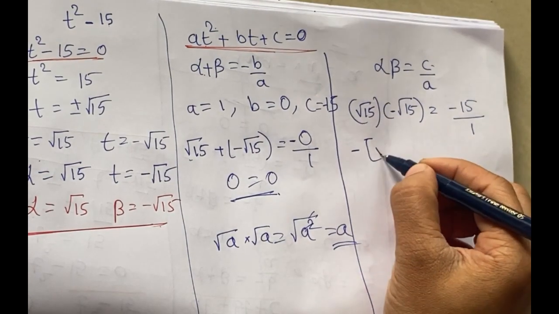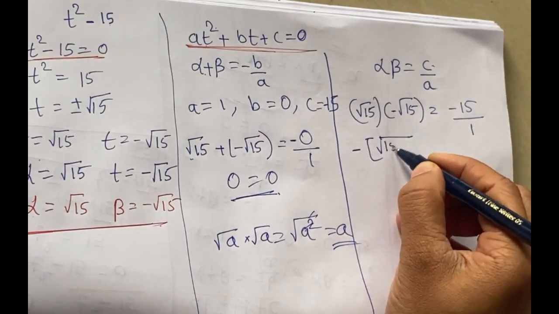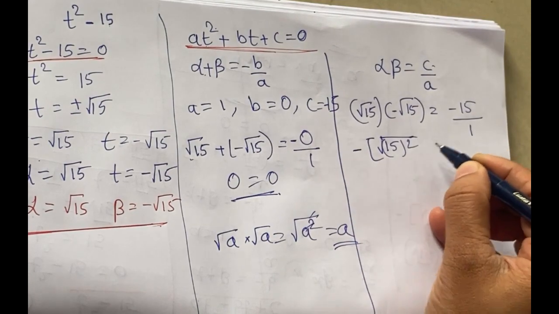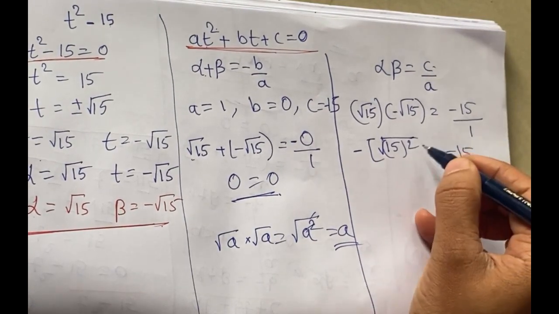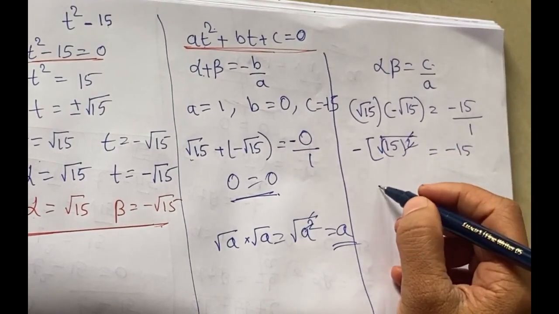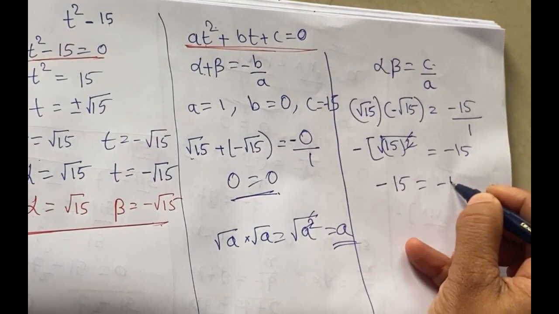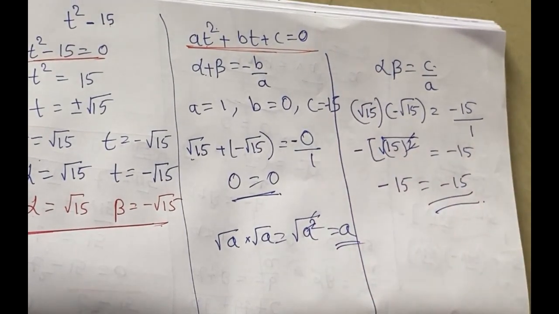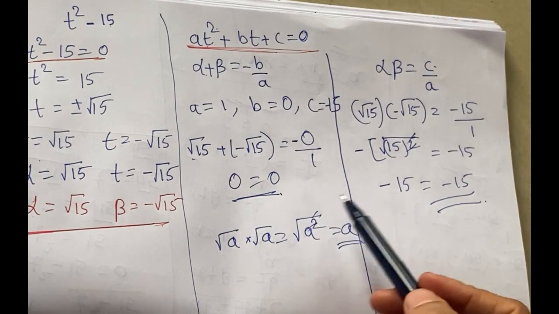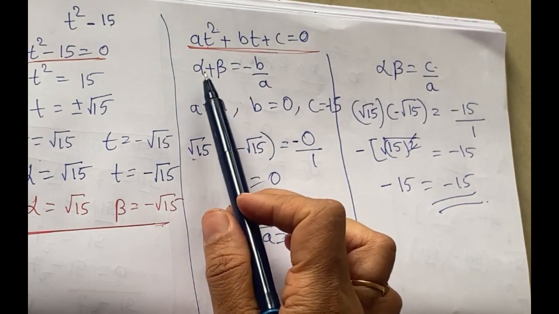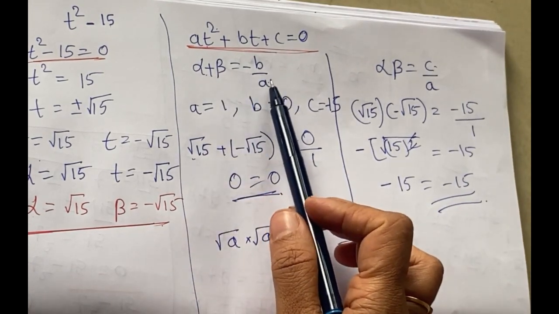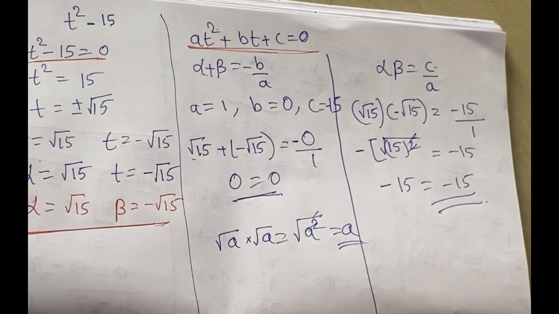In place of a, 15 is there, so you can write square root of 15 square is equal to minus 15. Square and square root will get cancelled. You can write minus 15 is equal to minus 15. The relationship between the zeros and coefficients of the polynomial is verified.